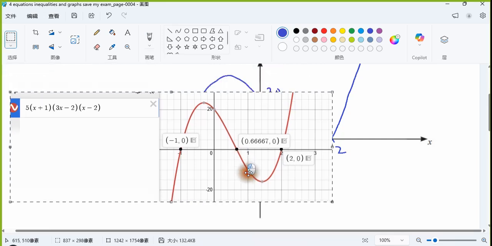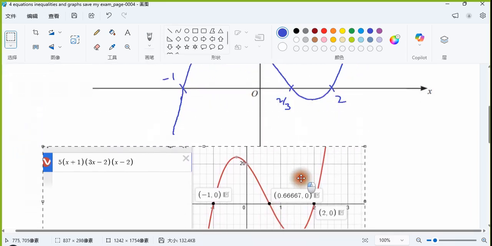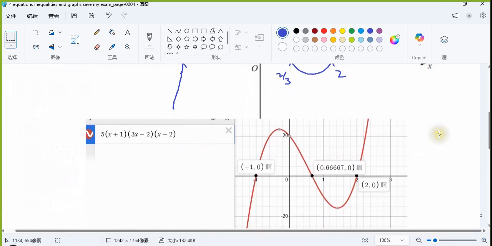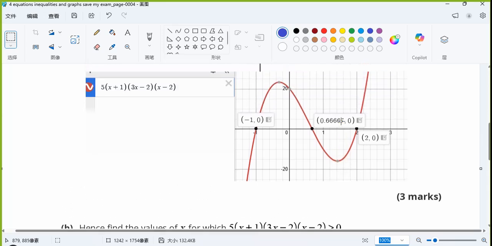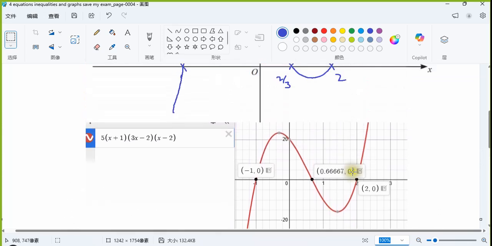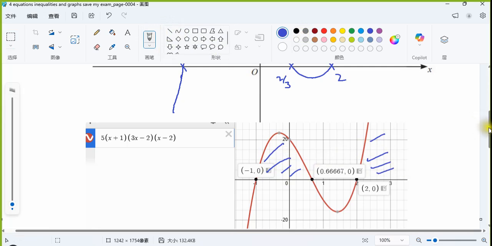So it's similar with the shape that I drew. Hence find the values of x for which this graph is greater than 0. So greater than 0 will be this part and this part.